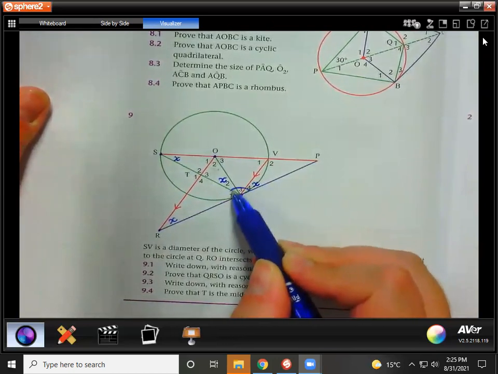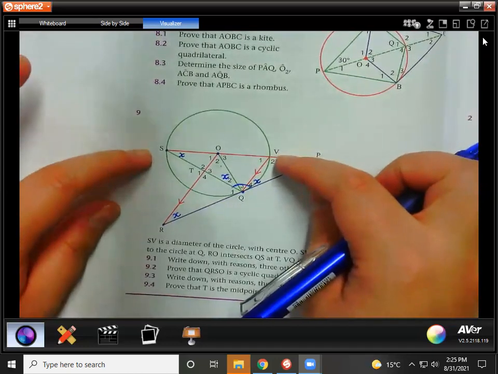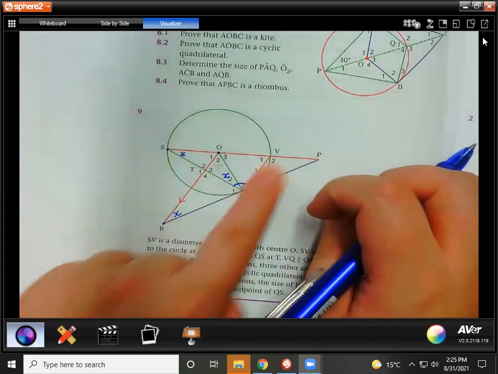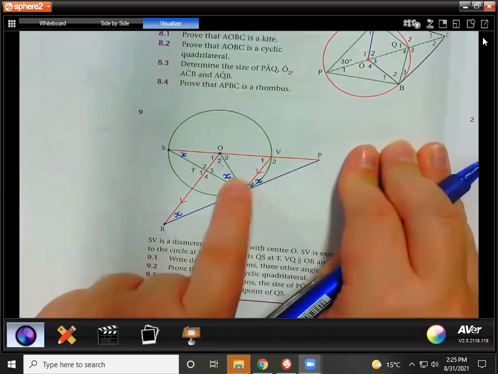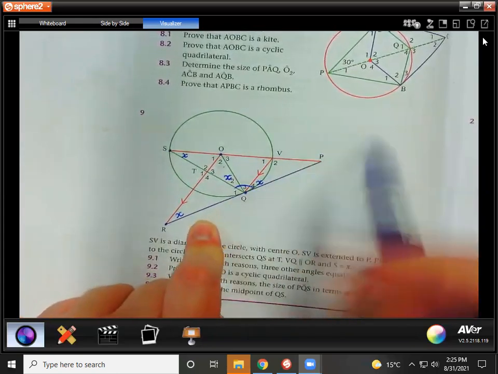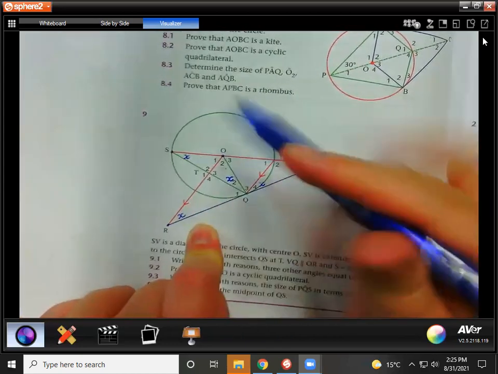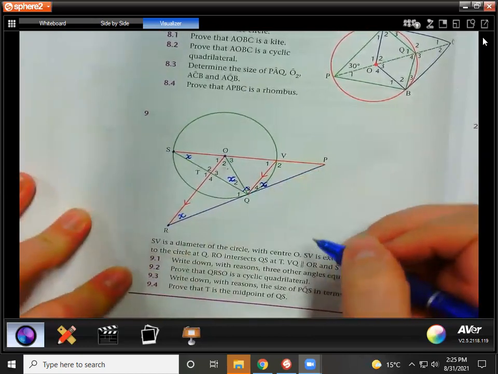Q2 and 3 is going to be 90 degrees, hey, because it's subtended by the diameter. Okay, so VQS or SQV, doesn't matter how you want to write that, or you could have said Q2 plus Q3. That angle there is actually a 90-degree angle. Let me write it in there. So that is X, this is 90.